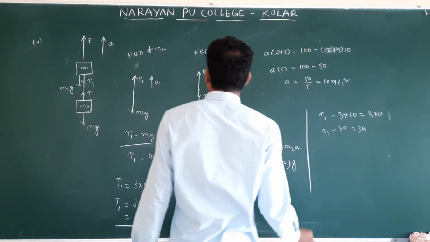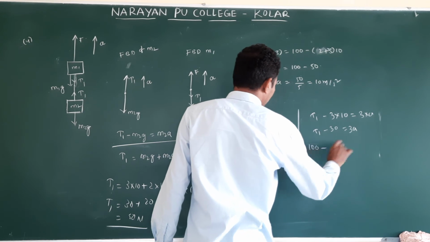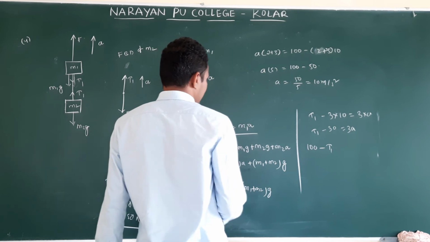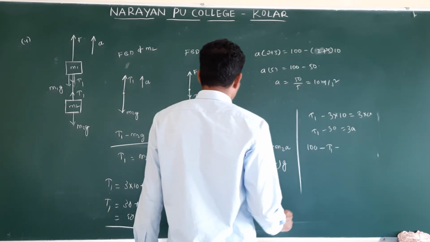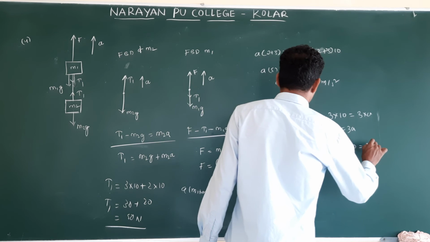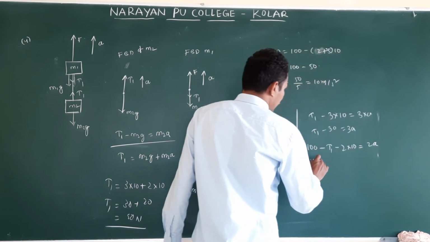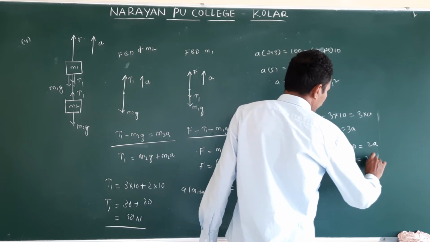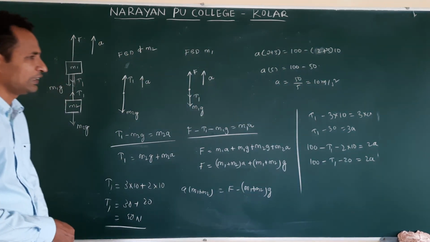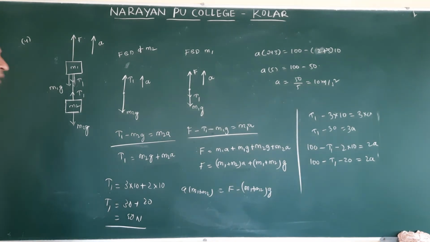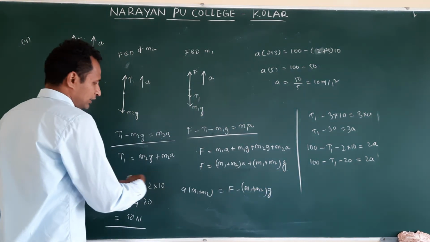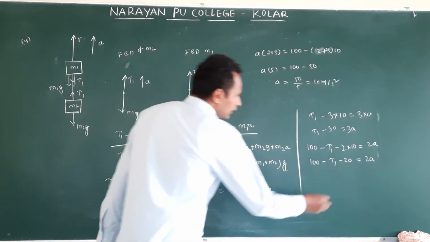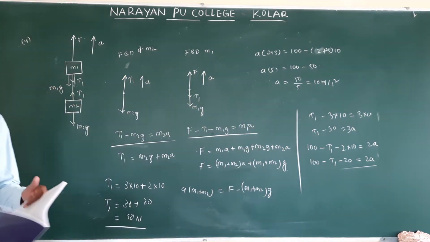Applied force is 100 newtons minus T1, minus M1, which I know, 2 into 10, is equal to 2 into A. So 100 minus T1 minus 20 equals 2A. Again solve these equations and you will get the answer. Again the same method only, but in the first case we substituted the names M1 and M2 without substituting the values. But here we substituted the values. Again you will get the same answer.